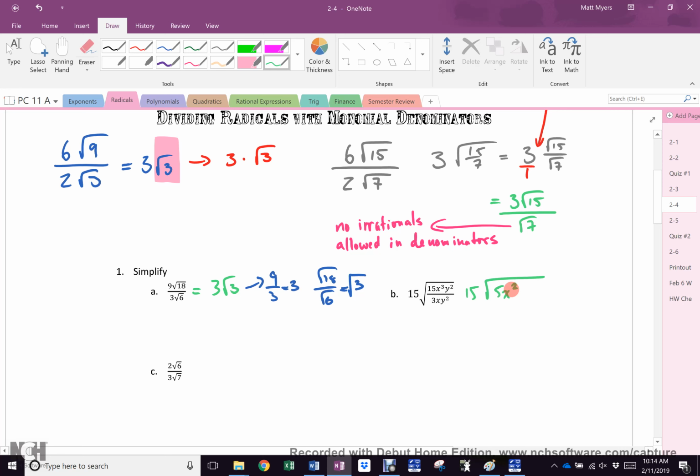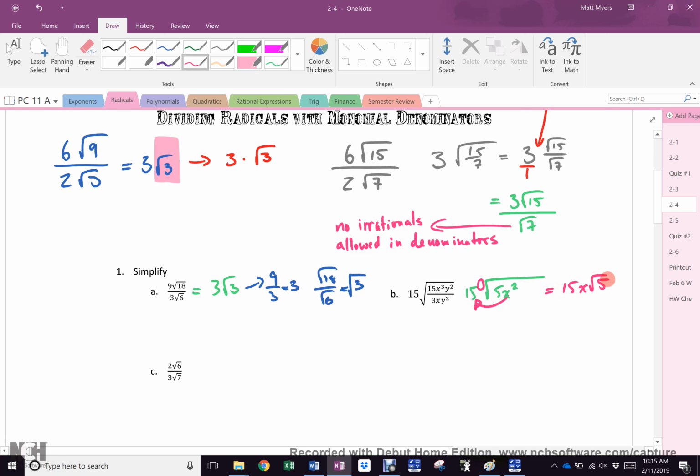Am I done the question? Why not? What size group of factors am I looking for? 2. Is there a group of 2 under there? Thank you. So what comes out? X. So it is 15x root 5.